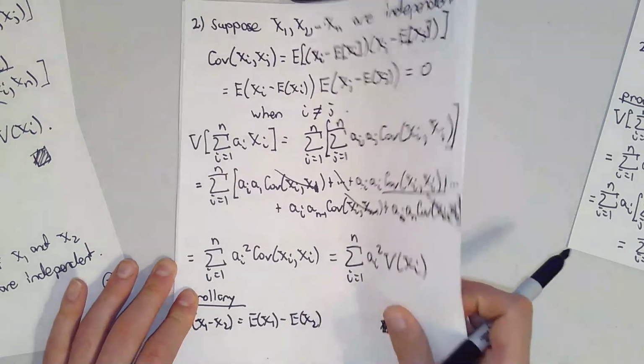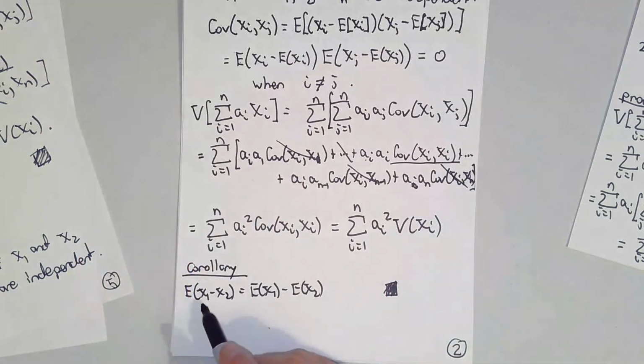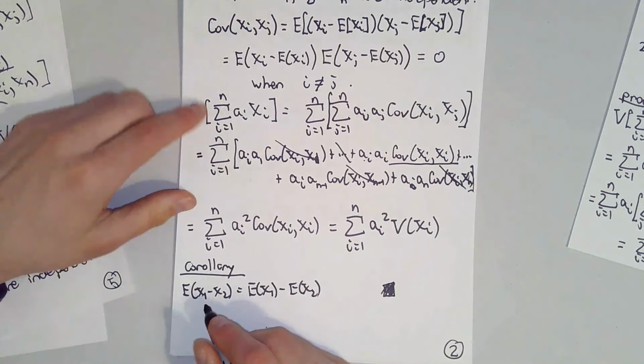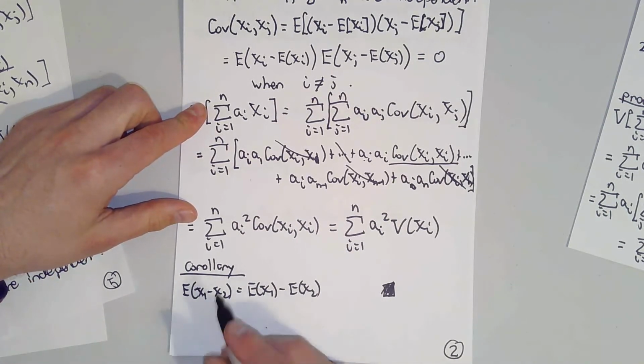So maybe this is the difference. Maybe x1 is the height of males and x2 is the height of females. We want to know what's the expected difference of height between a random male and a random female. It's such an example. So this comes up in lots of different applications. So it's a very popular example.